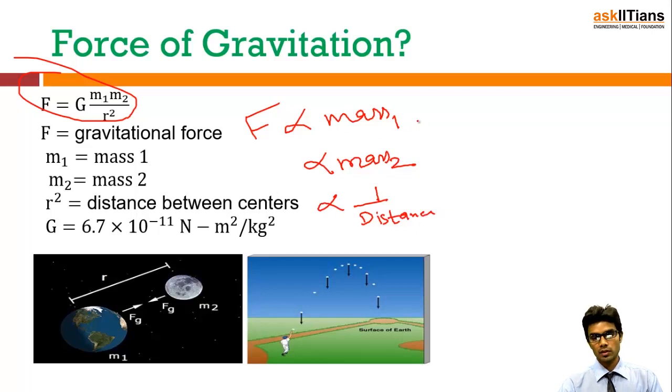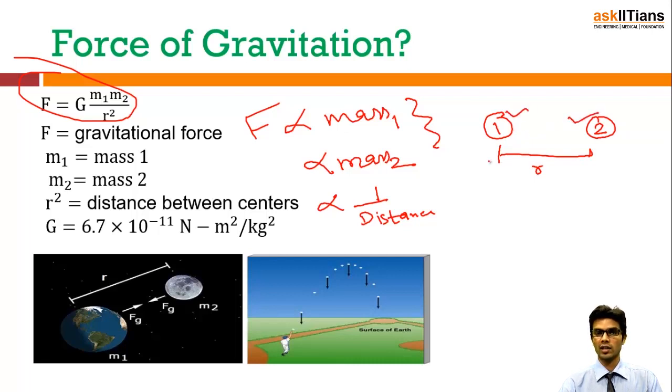So if there are two bodies and these two bodies are smaller in size, then the force always decreases. If mass is smaller, then force is also smaller.